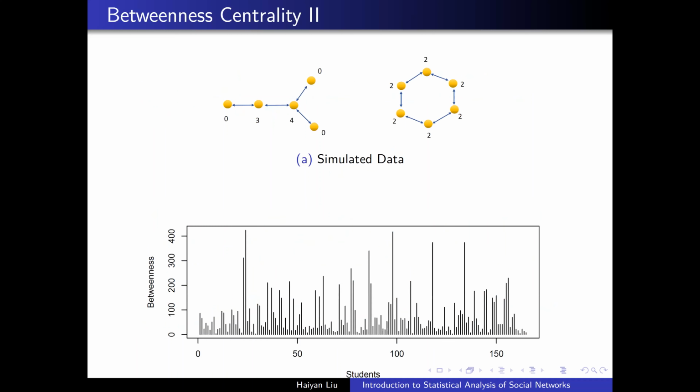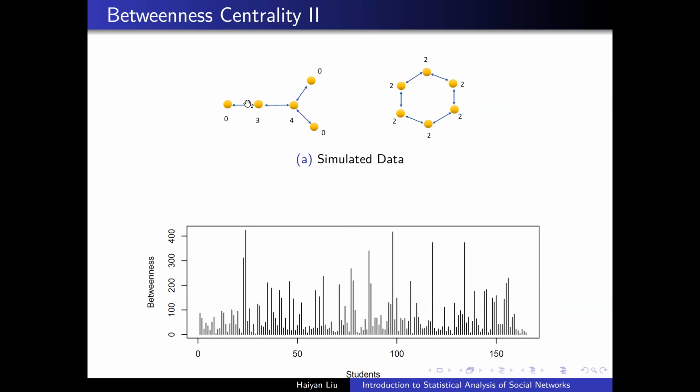Now this is a small example of how we get the betweenness centrality. If we look at the left example, for instance the top actor, how many shortest paths is this actor involved in for the others? It is involved in 0, because this is really the boundary of the network.